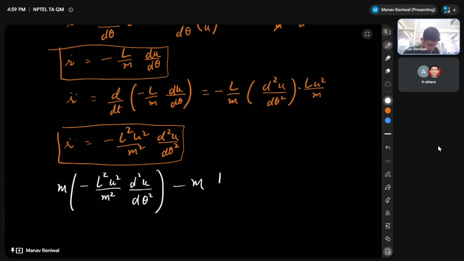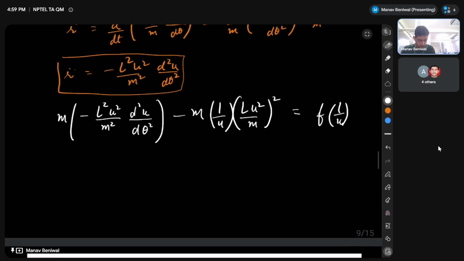So r is 1 by u and theta dot squared is simply Lu squared over m whole square. And this is equal to f of 1 over u.